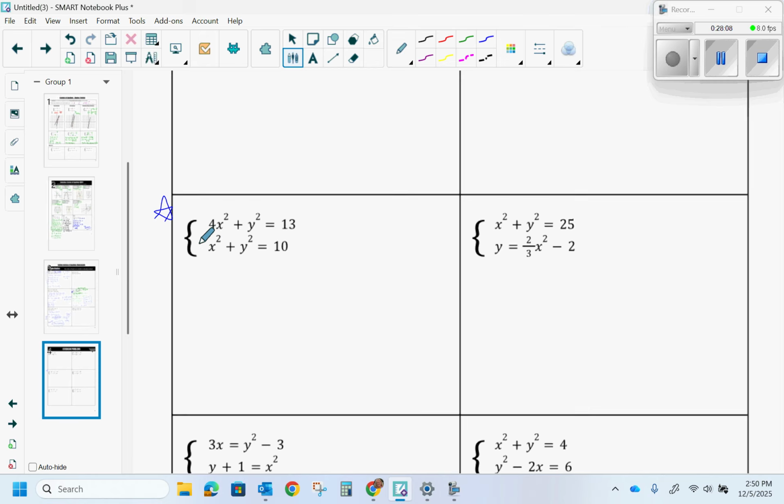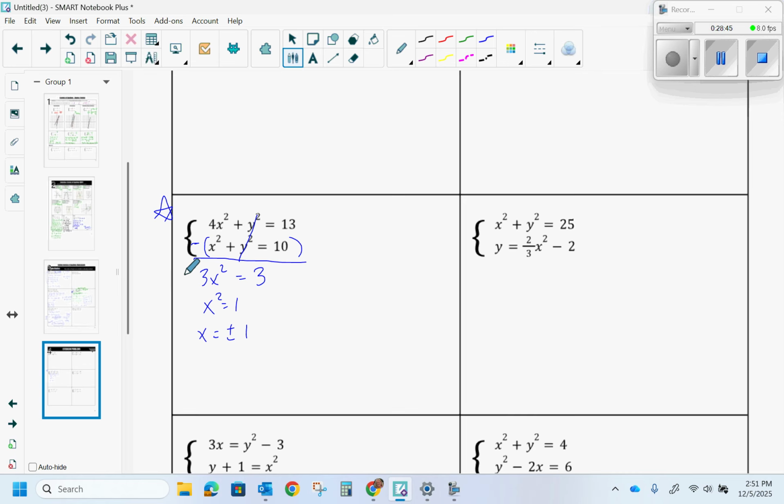You may not remember how to do that, but if we subtract this from the top, I can get 3x squared, y squared minus y squared, that cancels, equals, I don't know what that equals, 3, okay, 13 minus 10. So I divide by 3, and I get plus or minus 1 when I solve for x. So this tells me that I've got at least 2 solutions.